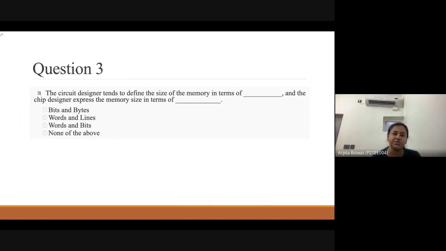So this is question three. The circuit designer tends to define the size of the memory in terms of dash, and the chip designer expresses the memory size in terms of dash. The first option is bits and bytes, the second option is words and lines, the third option is words and bits, and the fourth option is none of the above.